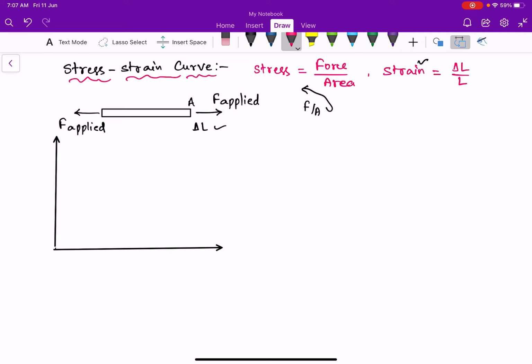Here we are taking stress on the y-axis and strain on the x-axis. We know that force per unit area is nothing but stress. The other day we discussed Hooke's law. As per Hooke's law, stress is proportional to strain.